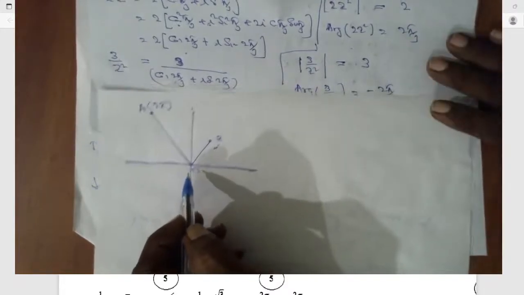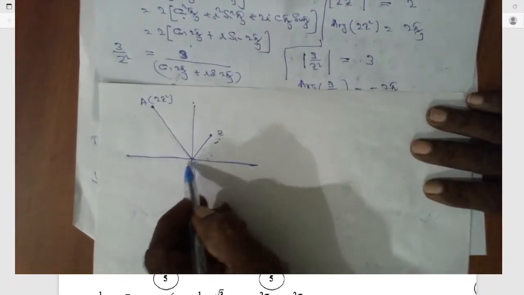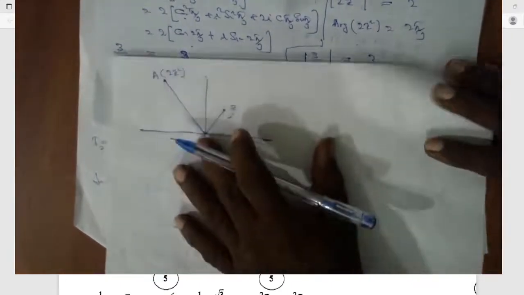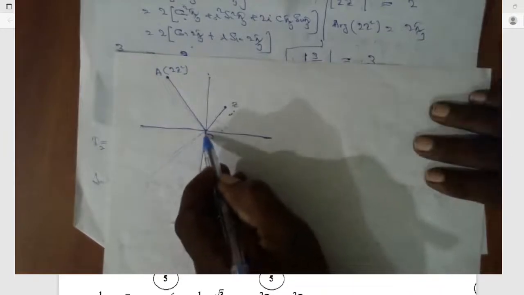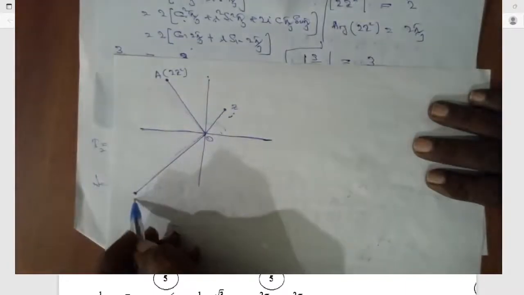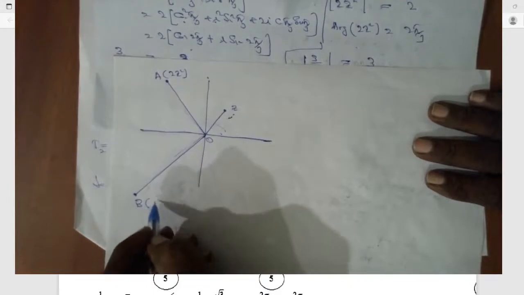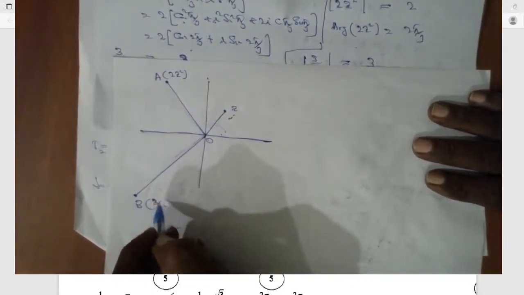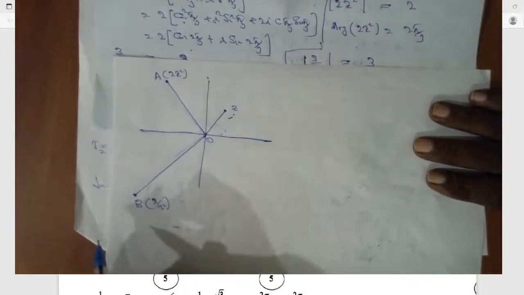OB is 3 units in length, like this. This is B, 3 over c squared, 3 units.